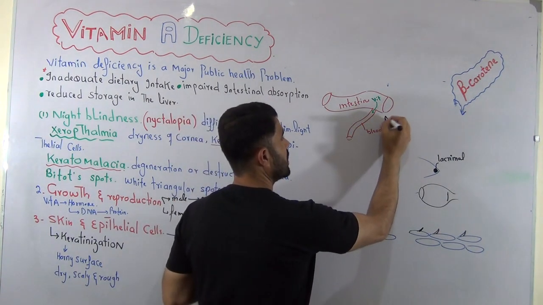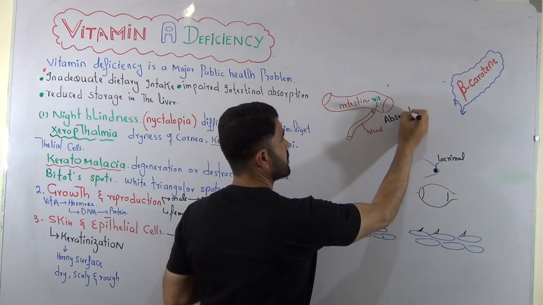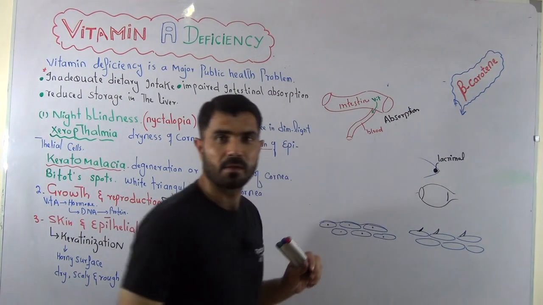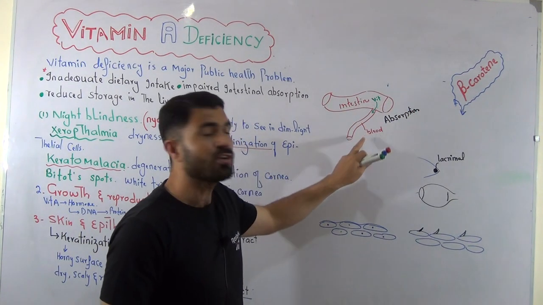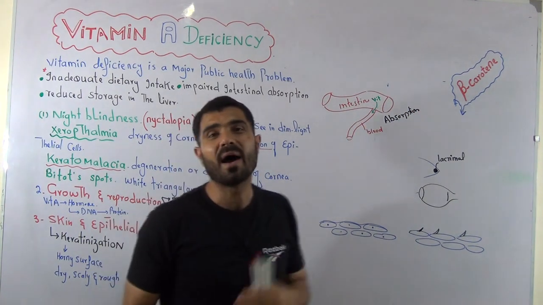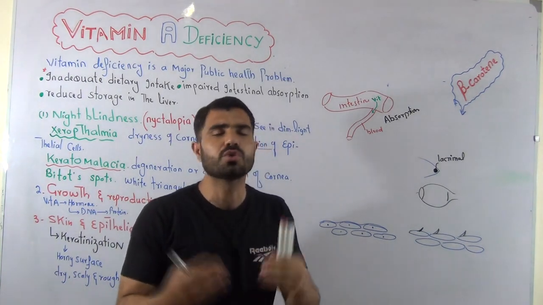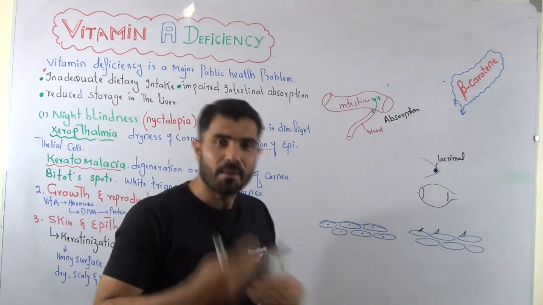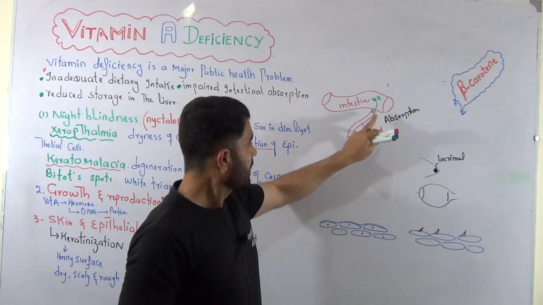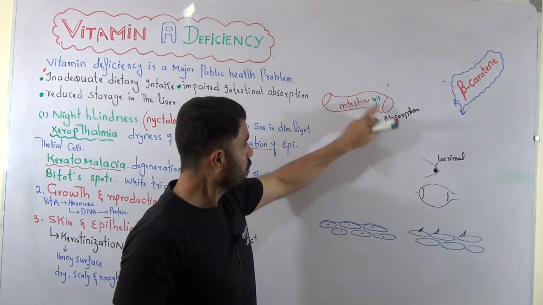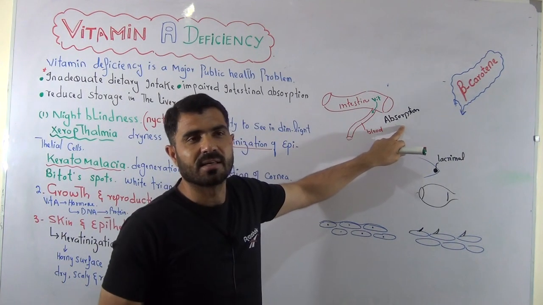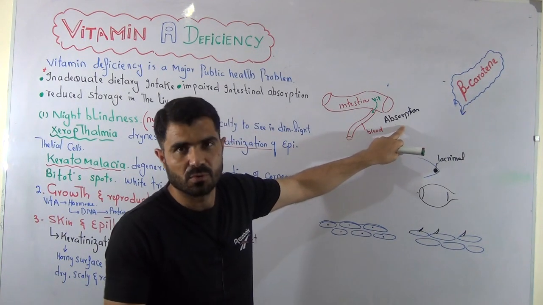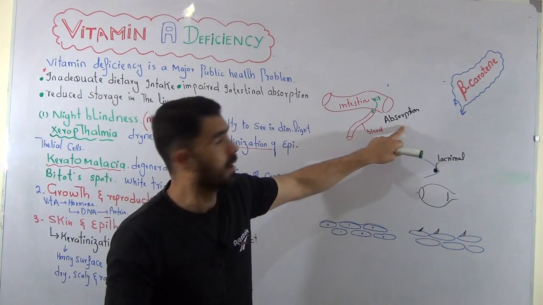The process is called what? Absorption. Vitamin A absorption from the intestine into the blood is very important, crucial. But some people do not have this ability of absorption, especially an alcoholic person, those who drink alcohol.